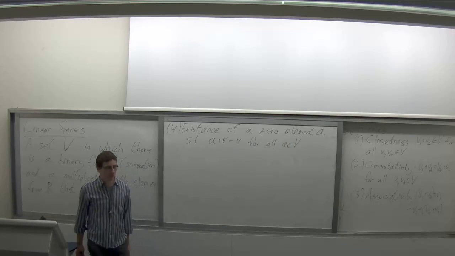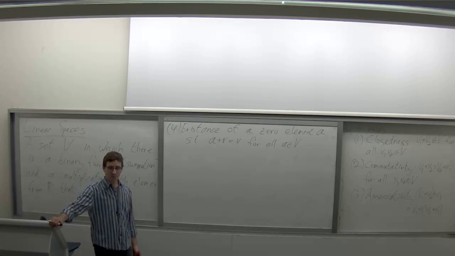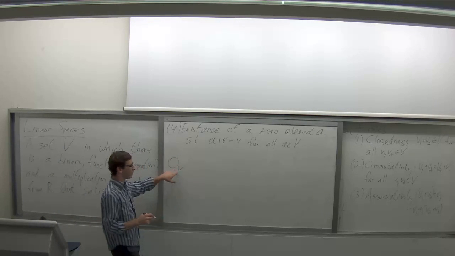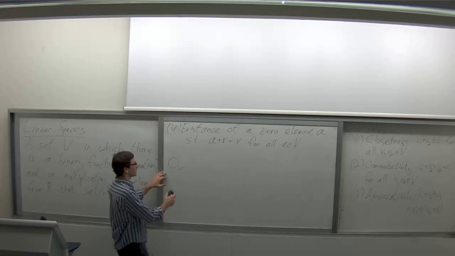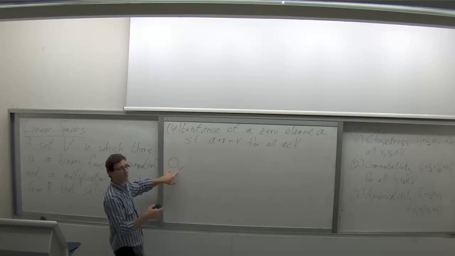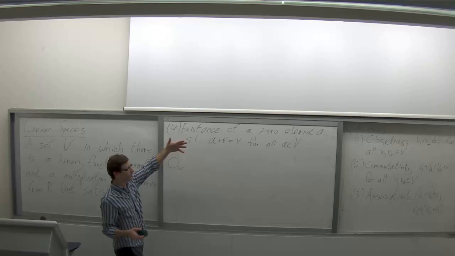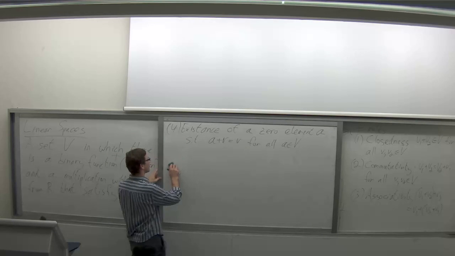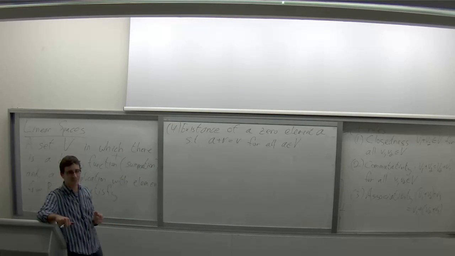Now, why don't I call the zero element 0? Soon I'll denote it by 0 V, like the vector V. So 0 V is going to denote the zero element in this linear space. Why don't I call it from now 0? Why don't I give it a special notation? When do I give something a special notation?